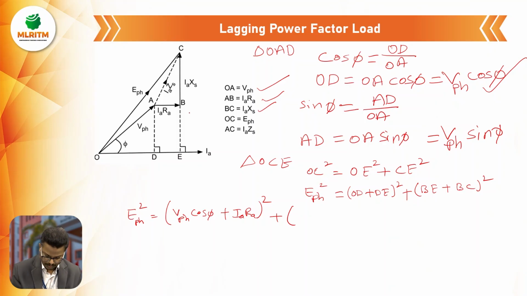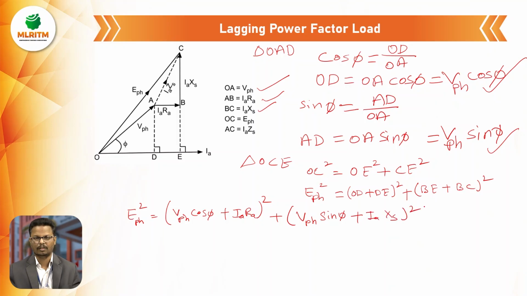If you see here, BE is equal to AD, and we know the value of AD is V phase sin phi. So in the place of BE, we can write V phase sin phi, plus the BC value, which is IaXs, whole square.